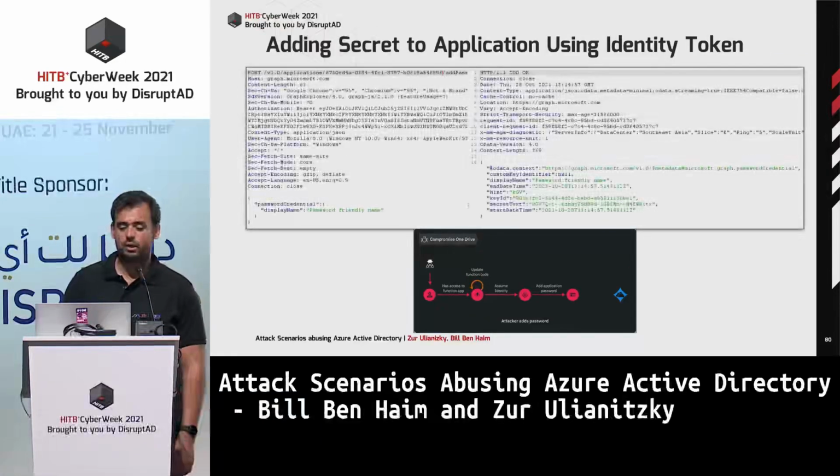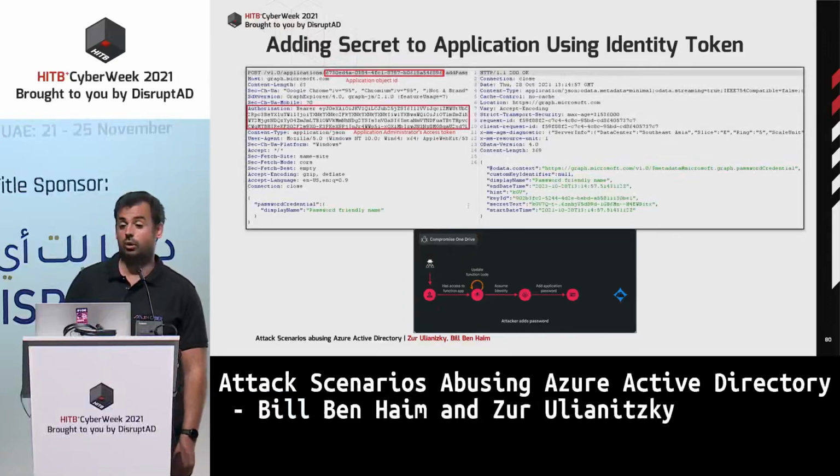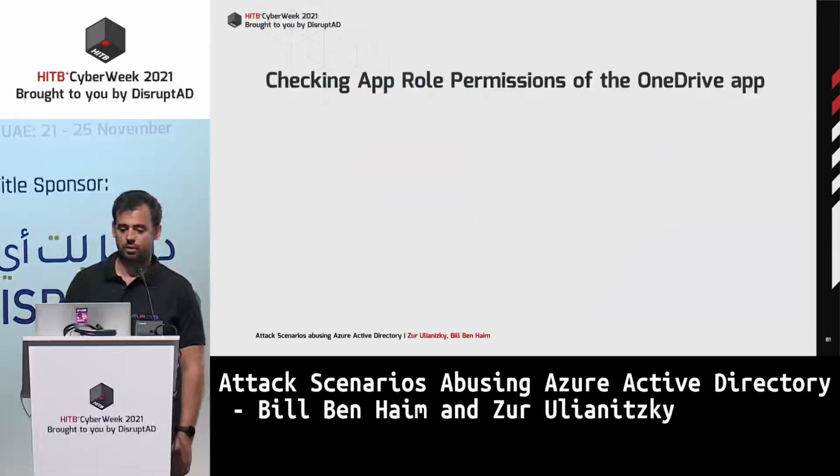It then uses the application administrator role access token as the authorization header in order to add a new secret to that application, as you can see in the server response. Okay, great.